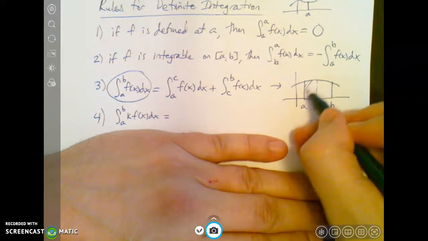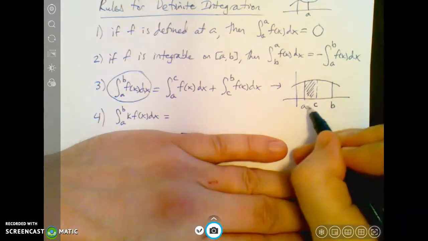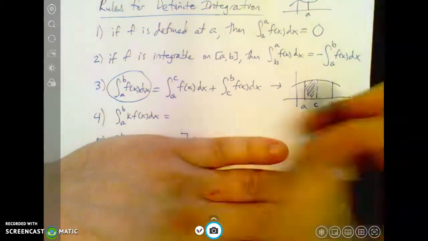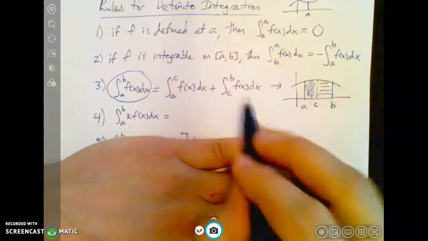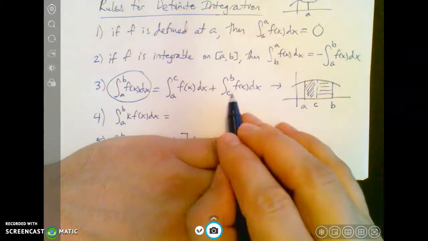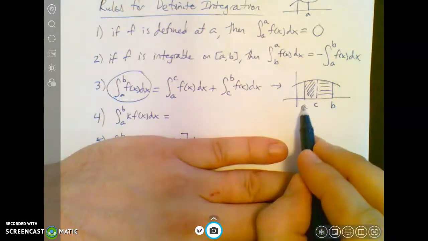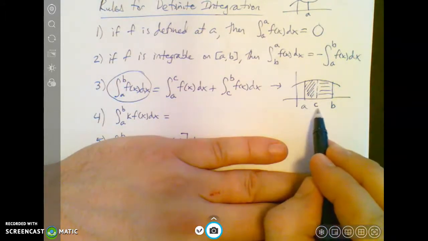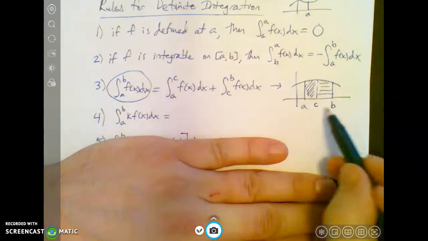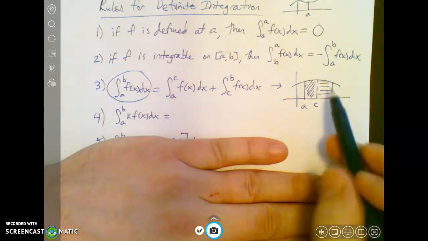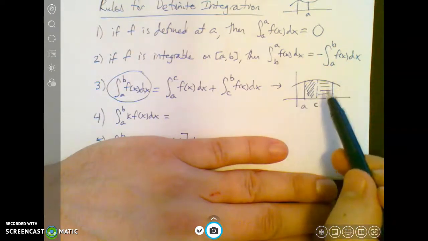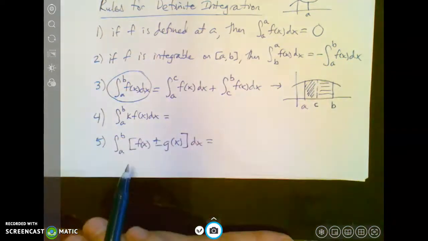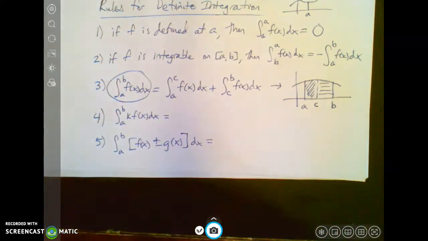What that says is the area from A to C plus the area from C to B. It may have bothered you that these were out of alphabetical order, but it kind of has to be, because you're going smaller x value to bigger x value, and then smaller x value to bigger x value. So basically, it's that old thing from geometry where the part plus the part equals the whole thing. It's kind of like the segment addition postulate, but more like an area addition postulate.